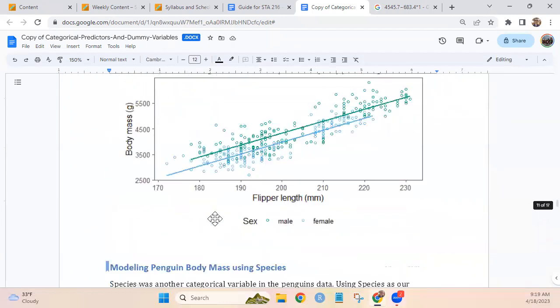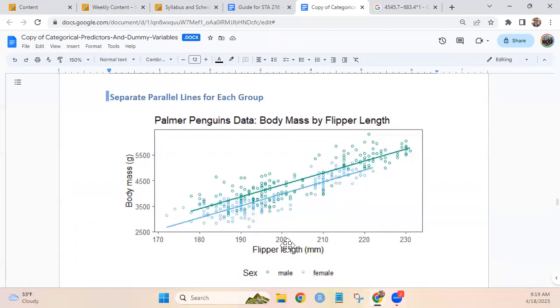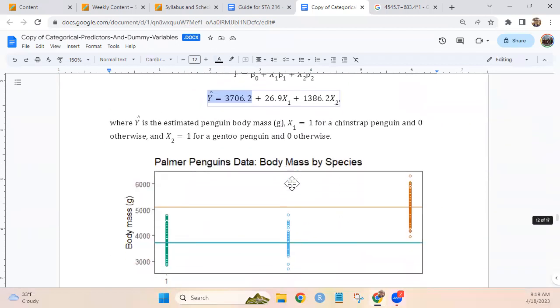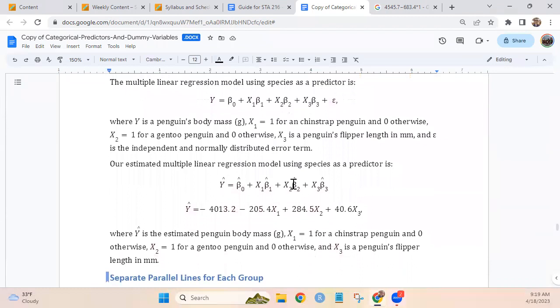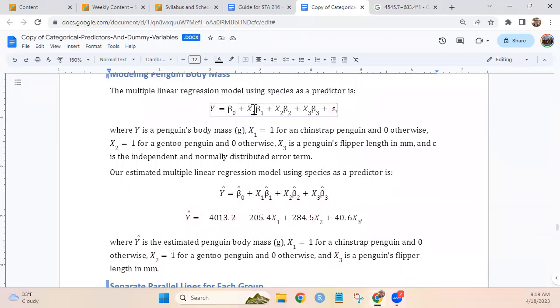And just like before, how we included a quantitative predictor along with the dummy variables in the model. We did that when there were 2 categories. You can do that with 3 categories as well, right? So now we have X1 as an indicator of the penguin being Chinstrap, X2 an indicator of being Gentoo, and X3 is the flipper length.